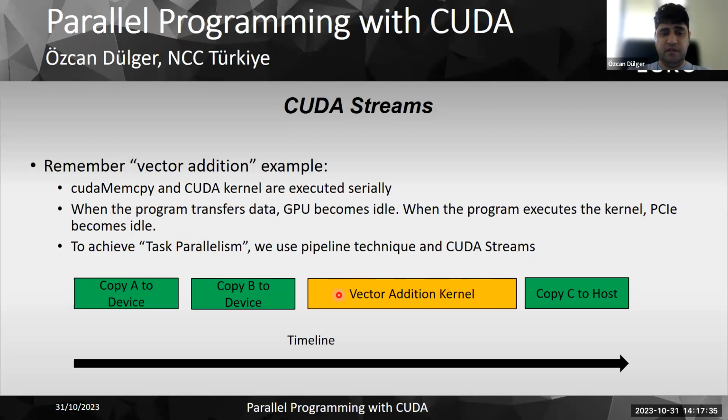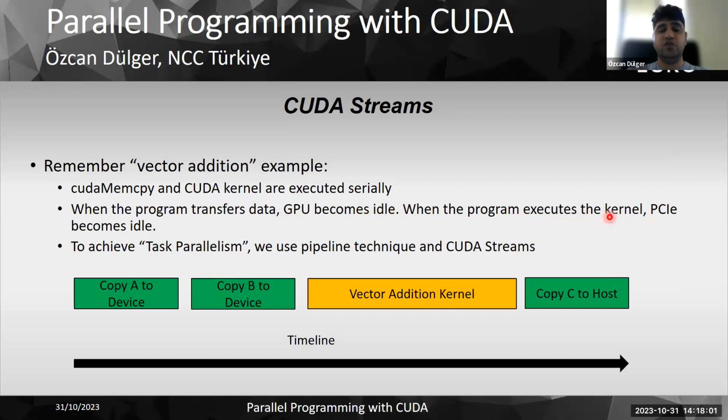But in this example, we can see that when the program transfers data here, copy A or copy B, the GPU becomes idle during this process. And as you see, when the program executes the CUDA kernel, the PCI bus becomes idle.